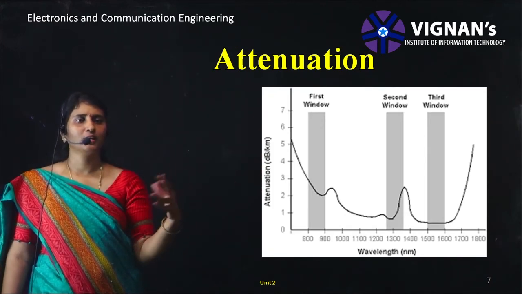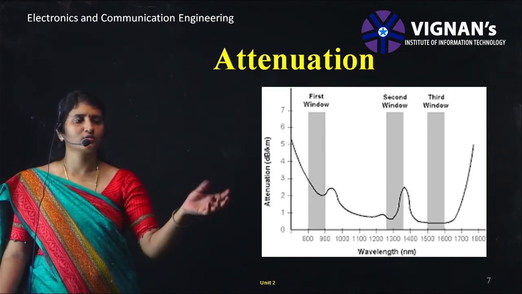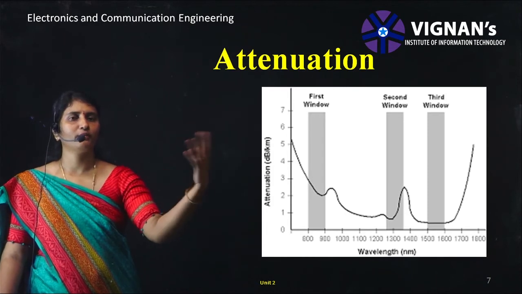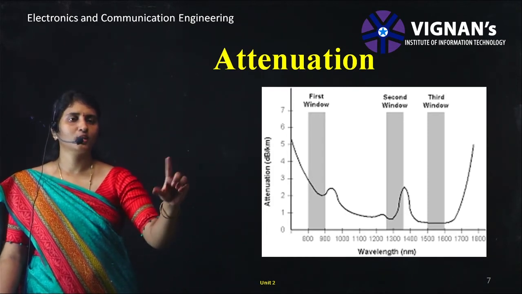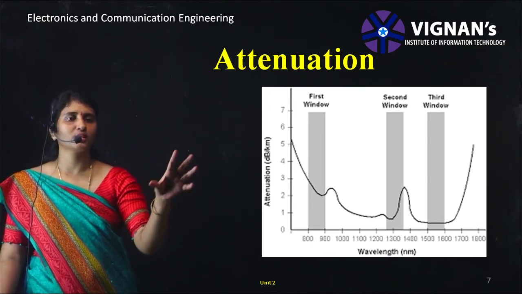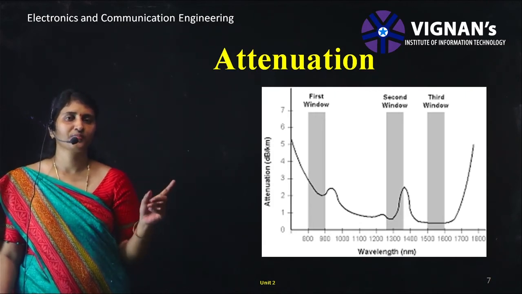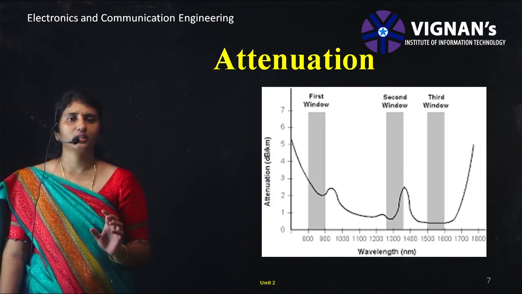We can change our sources, their wavelength range, our light range also. In any window we can operate. So based on the amount of attenuation in different windows, we can choose our wavelengths so that we will not have much loss. So this is about the attenuation.